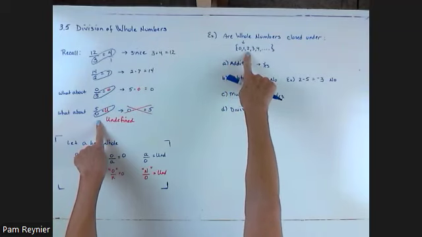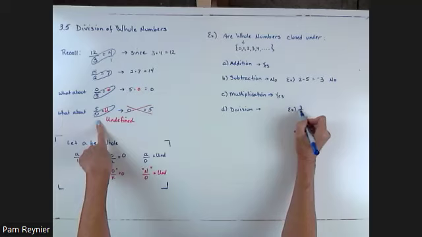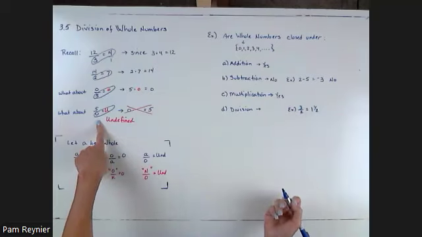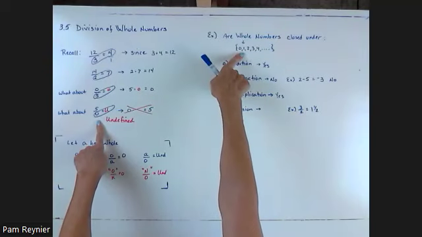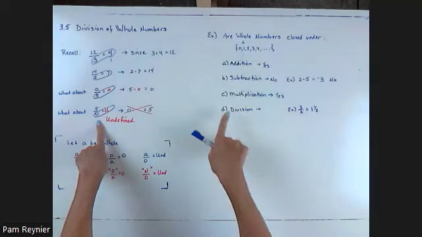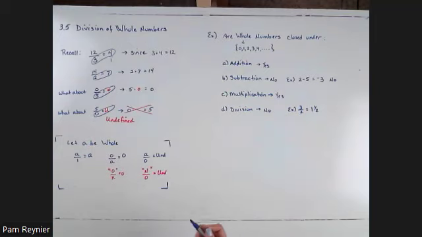What about 3 divided by 2? 3 divided by 2 is 1 1/2, or 1.5. Decimals, partial fractions are not in here. So therefore, division is not closed for the whole numbers. Whole numbers are not closed under division. Okay. So that's kind of refreshing what we mean by closed.